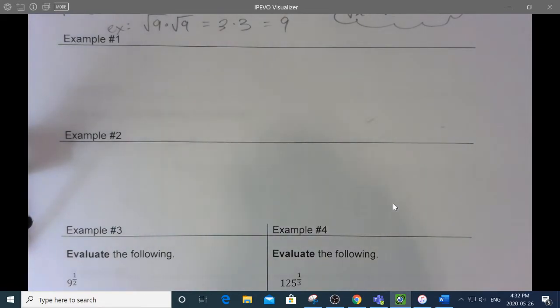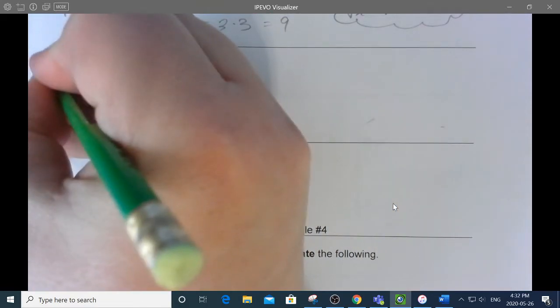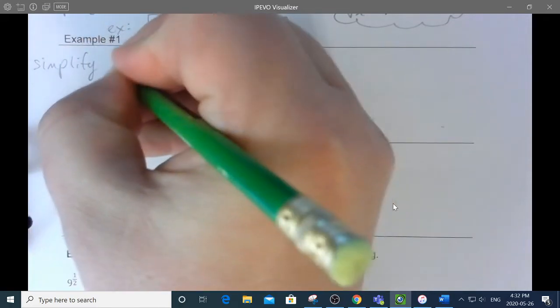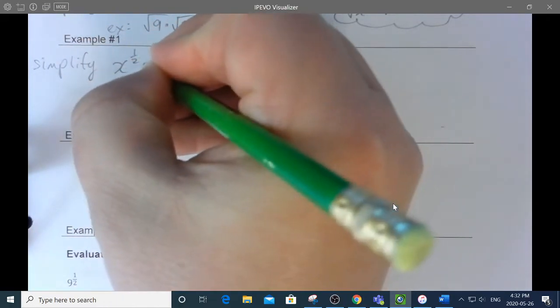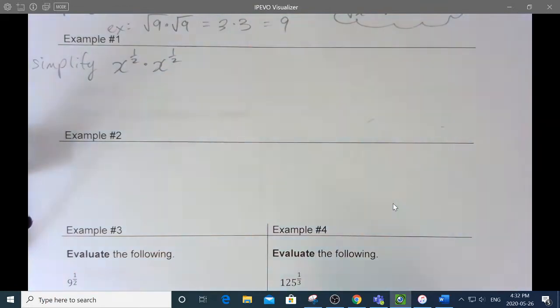Example 2 is also kind of a rule. Think about this. Simplify x to the 1/2 times x to the 1/2. Now you might be going, I've never seen exponents as fractions before, and if that's the case, don't worry about it. Just simplify this the way you learned how to simplify exponents back in grade 9.